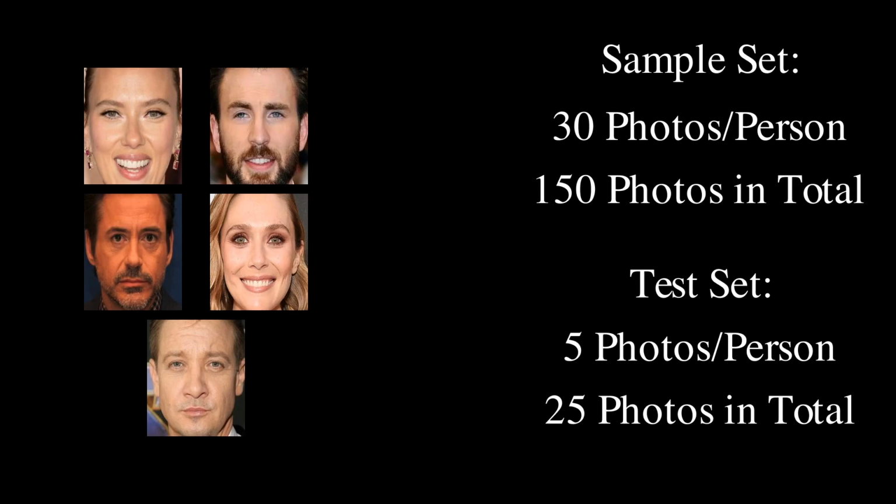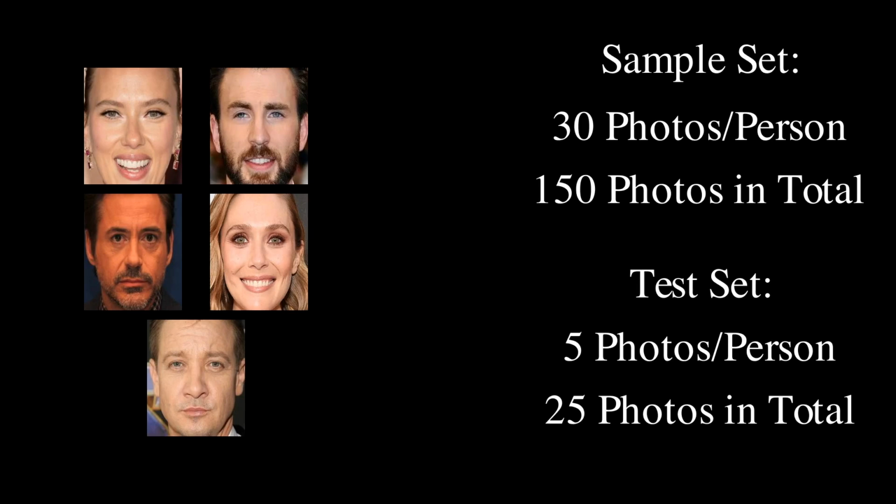We're going to do this by using our algorithm to compare each photo in the test set with every photo in the sample set. Whichever sample photo is closest in distance to our test photo will determine the identity of that test photo. And our algorithm will be graded based on how many test photos it's able to correctly match.